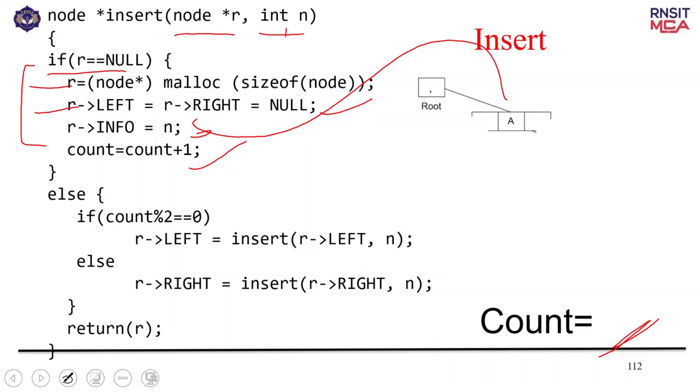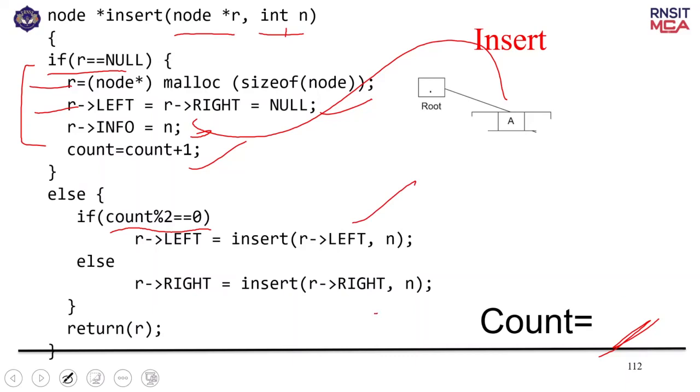Now another time you call the insert function and you pass a value. You check: count modulus 2 is equal to 0, then you insert at left, or else you insert at right.